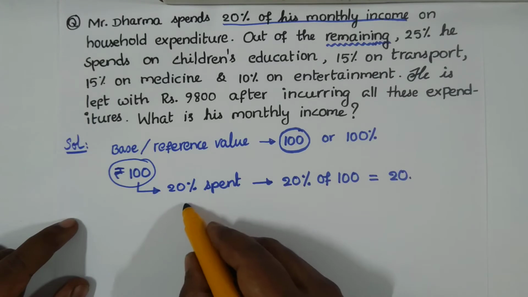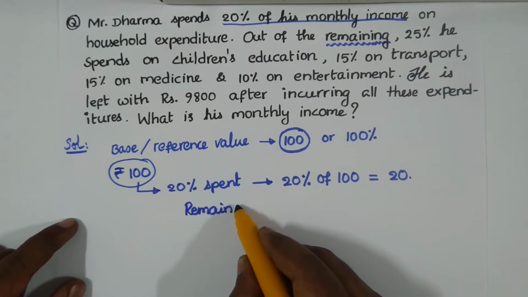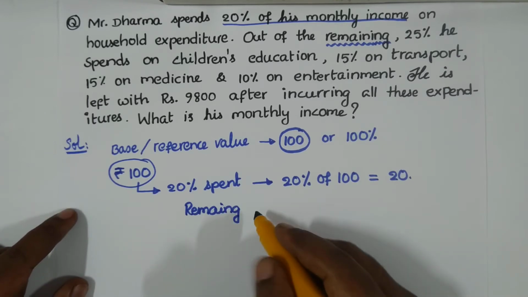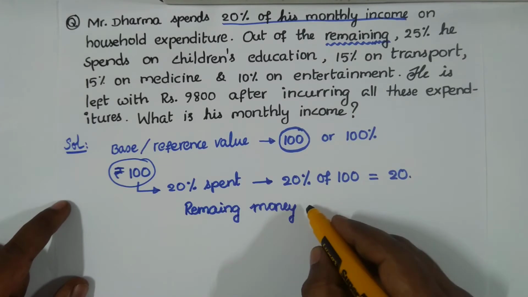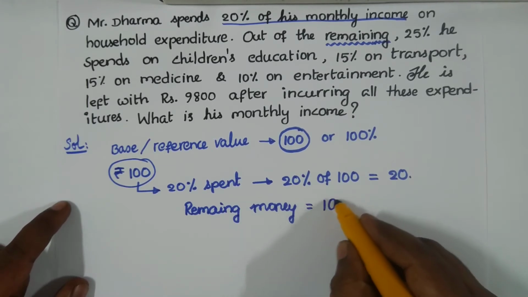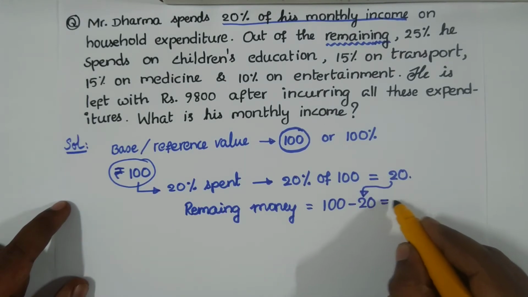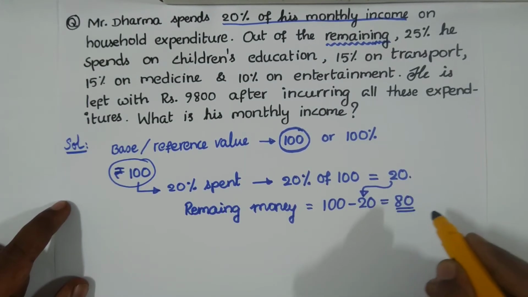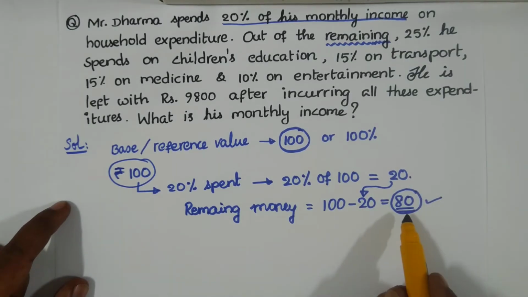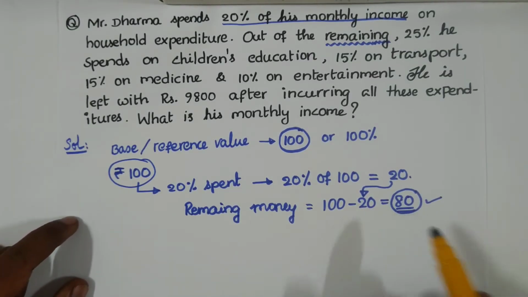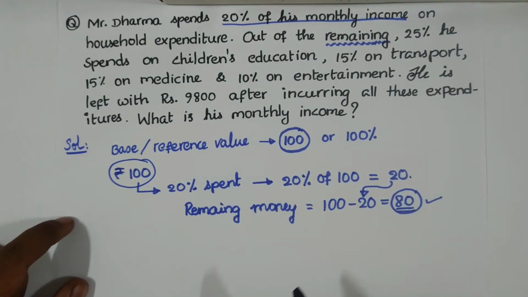So out of 100 he has spent 20, so the remaining money left with him is 100 minus 20. He has spent 20, so remaining is 80. This quantity 80 is important. Out of this remaining, 25, 15, 15, 10, he is spending on other things.